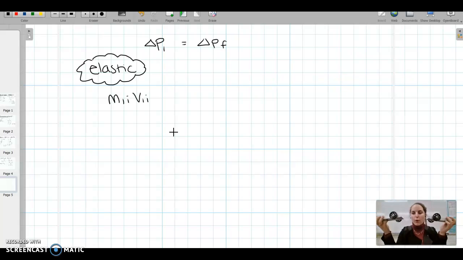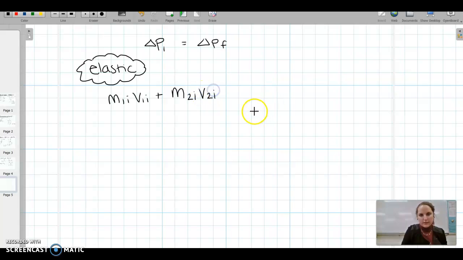Even though they're both different objects, they're in the same system because we want to study their momentums. So if we combine them in the same system and we look at the collision, cart 1 initial multiplied by the velocity 1, and now we have to add it to cart 2. So cart 2 initial times the velocity 2 initial.